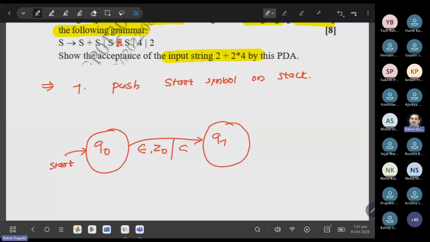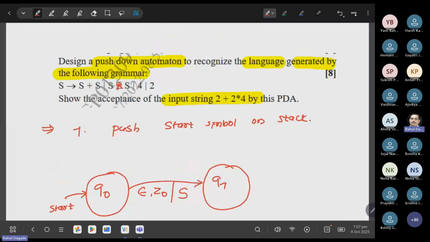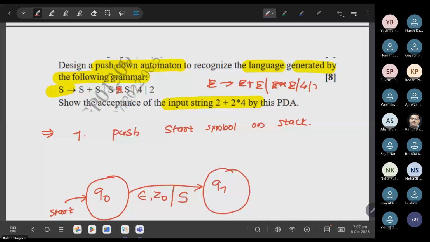S is the start symbol of the grammar. If we had a grammar like E gives E plus E or E into E or 4 or 2, then we would have pushed E on top of stack.